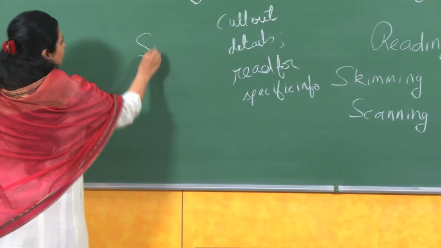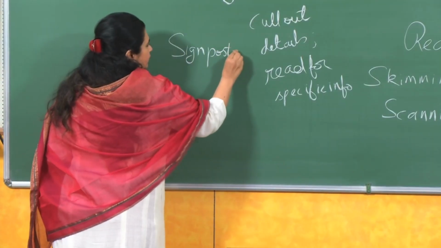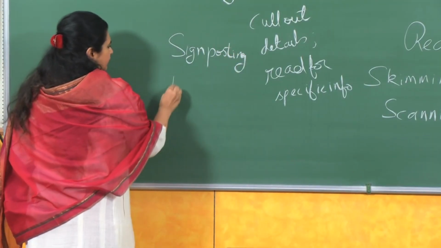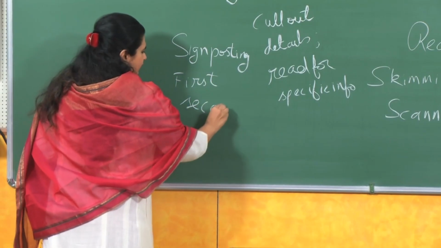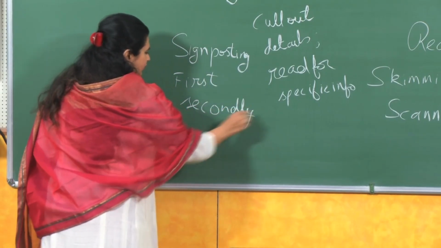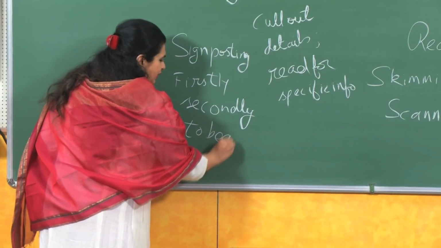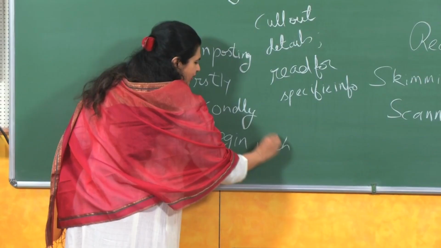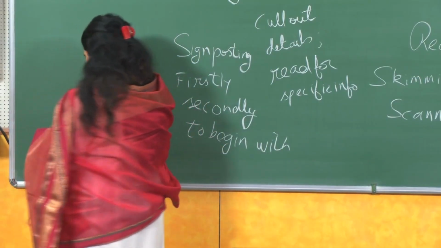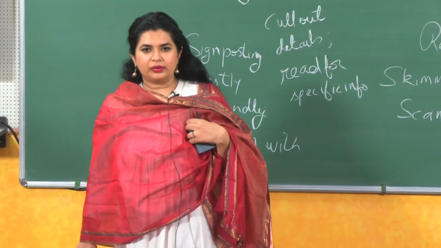So, remember these words, signposting: first, second, to begin with, firstly, secondly, to begin with. These are the signposts that tell us the direction in which the writing is going.